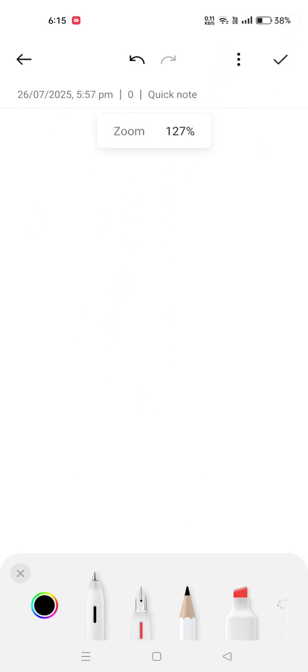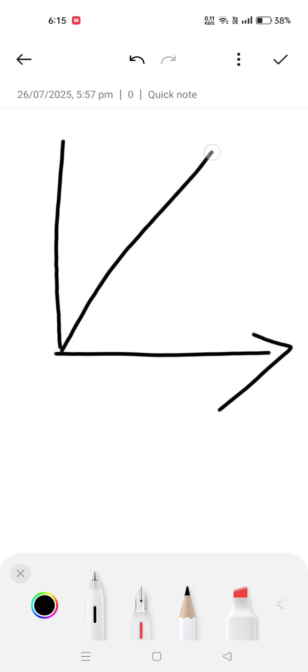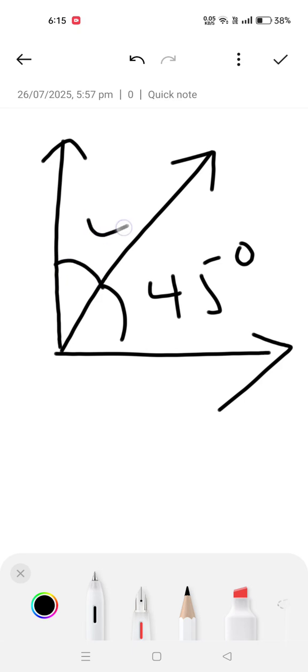Two equal magnitude vectors have their resultant in the middle of both vectors. Supposing this is one vector and this is one vector, and they are equal, the resultant is in the middle of these two vectors, making an angle of 45 degrees and 45 degrees. Simple.